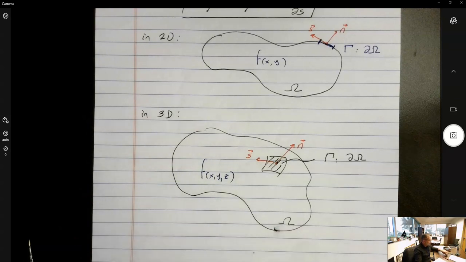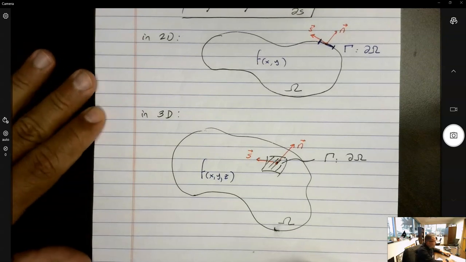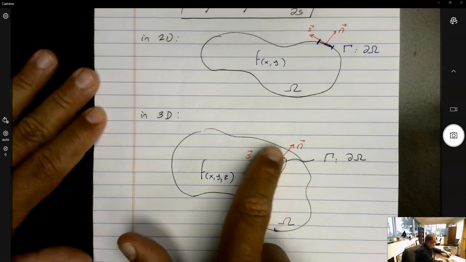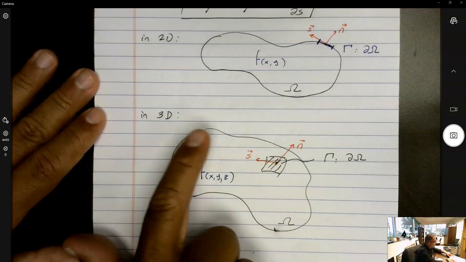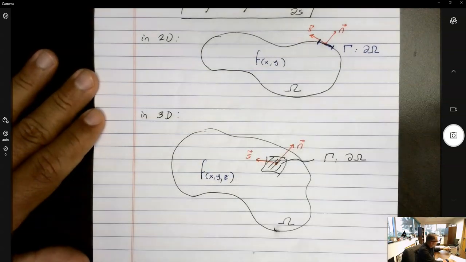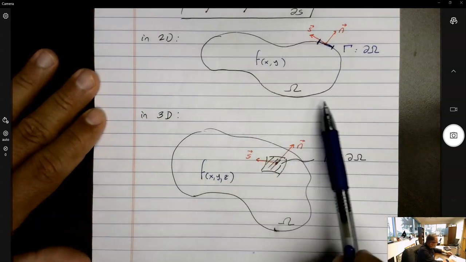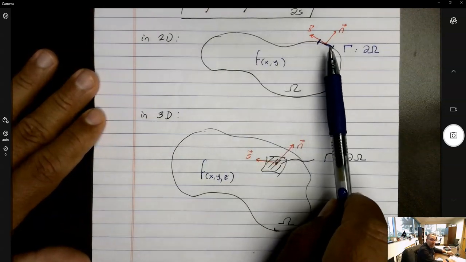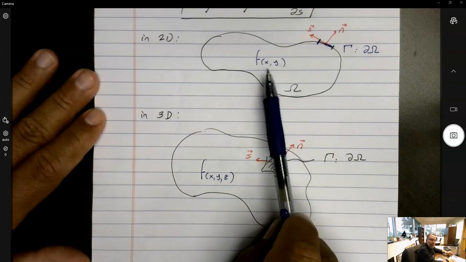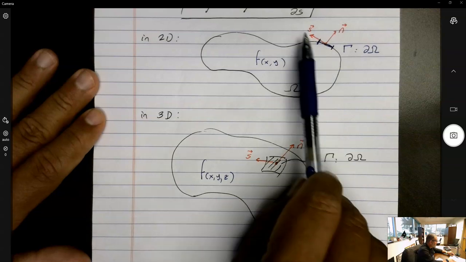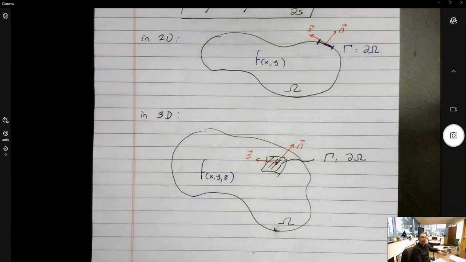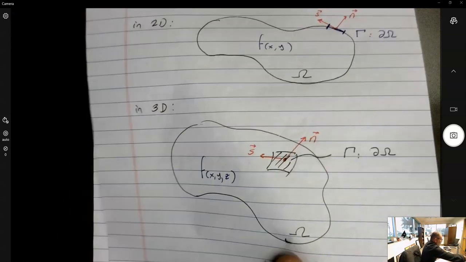But at the end of the day, what we're after here is the fact that we can calculate the tangential derivative of a function f if we have a direction that is tangential to a surface, whether that surface is the surface of a 3D region or whether that surface is the line that surrounds a 2D region. If we have that tangential direction, we can calculate the directional derivative of this function f and dot it into that tangential direction or tangential unit vector and calculate the resulting tangential derivative. Okay.